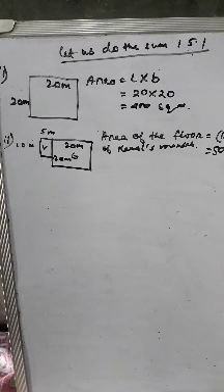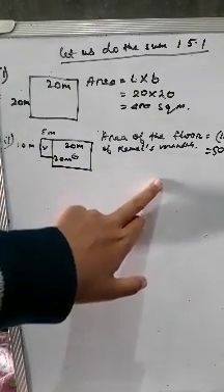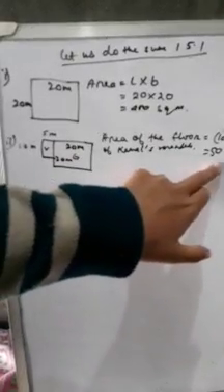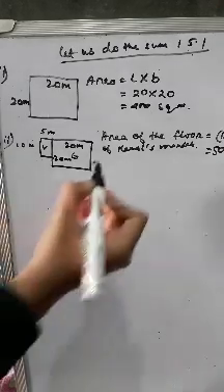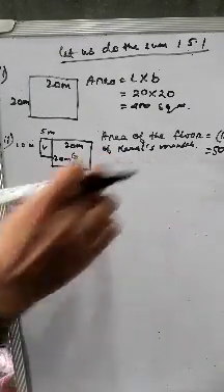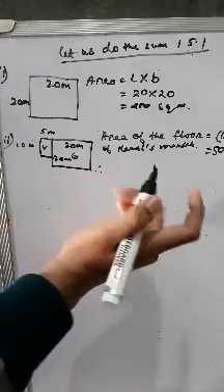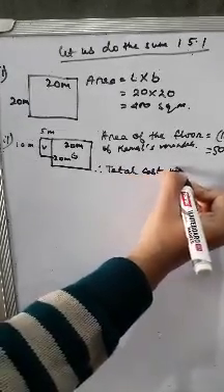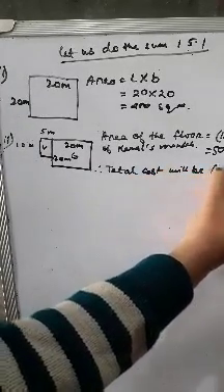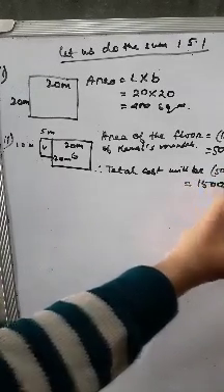See what is given: rupees 30 is the cost per square meter. So if 30 rupees is the cost per square meter, then what will be the cost for these 50 square meter? That means you have to do the multiplication. You can write the answer statement: if 30 is the cost per square meter, therefore the total cost will be 50 into 30 equals how much? 1500, isn't it?